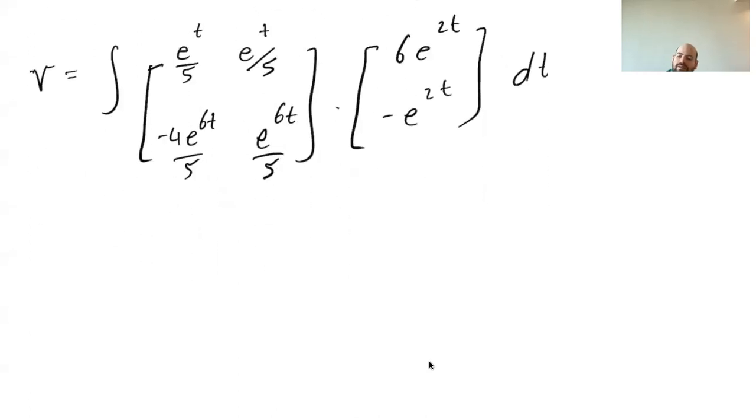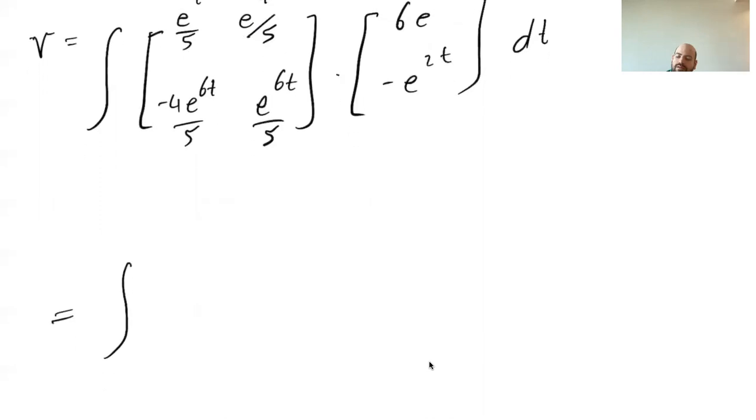And then this will be the integral of e to the power 3t minus 5e to the power 8t dt.